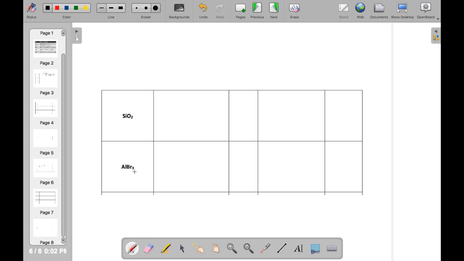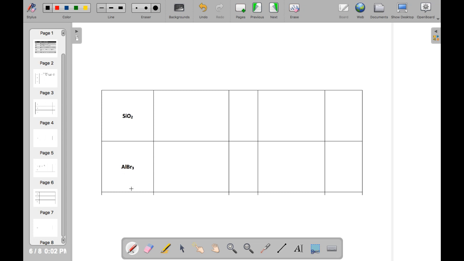Well, basically, it's all because of the difference in electronegativity. I'm not going to get into it here, but based on the difference in electronegativity between bromine and aluminum, it could actually sometimes form a molecular compound. So that's what we're looking at here, aluminum bromide.